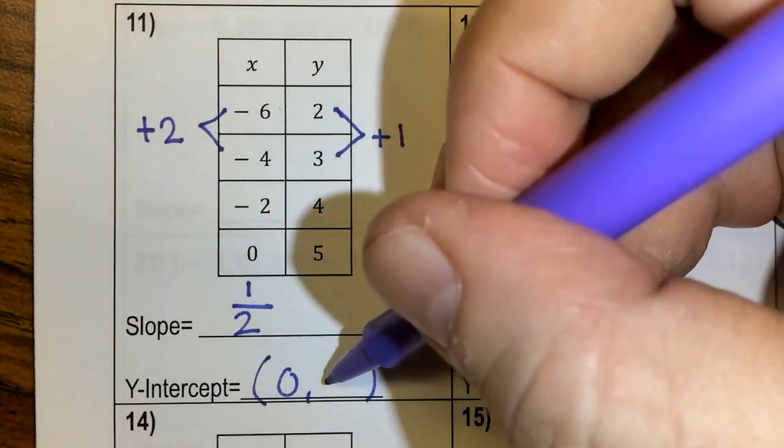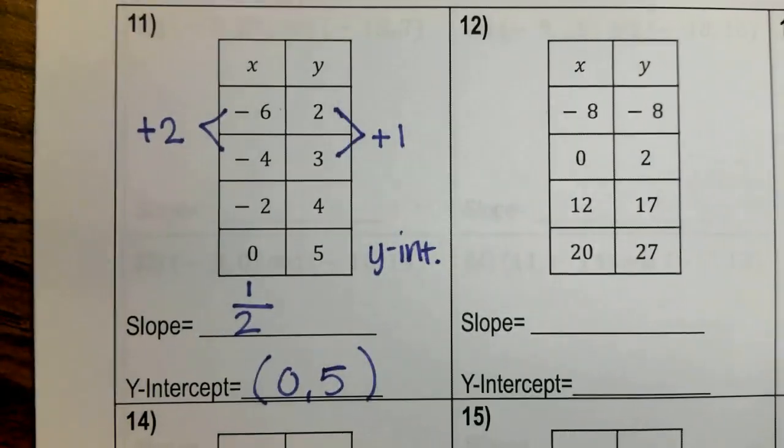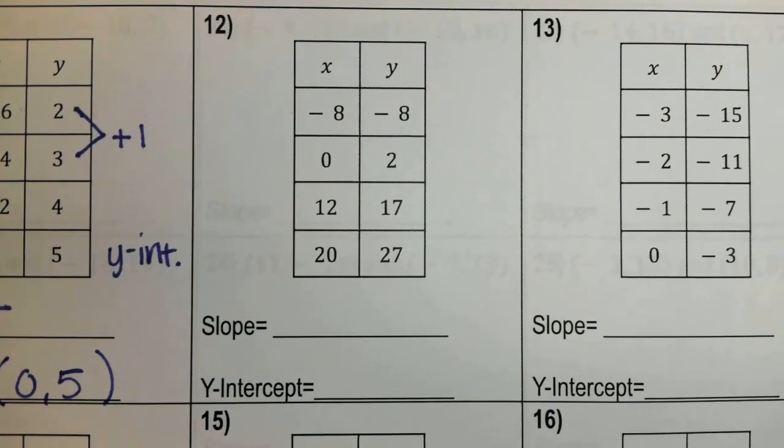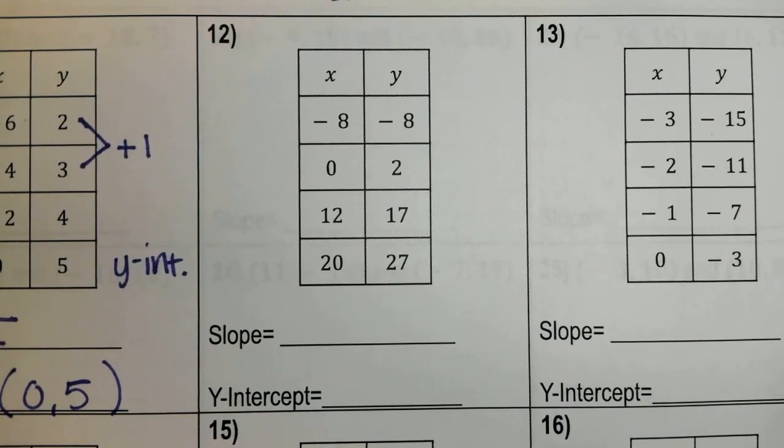So 0, 5. So sometimes it'll give it to you on the table, so you just write it down, okay? So like the ones that already have a 0 on the x, your y-intercept is that point. 0, comma, whatever. Okay, so the 4 that I'm going to do by hand all have the y-intercept in the table, which is why we can do them by hand. Probably a little faster than the calculator.